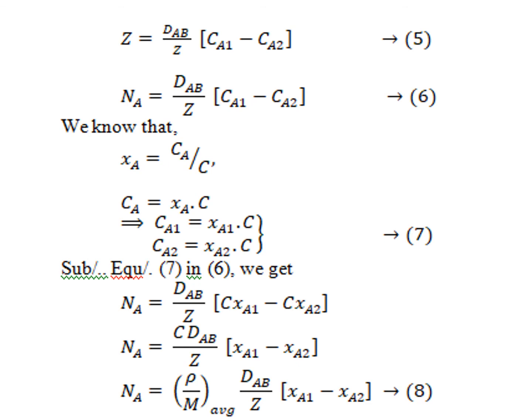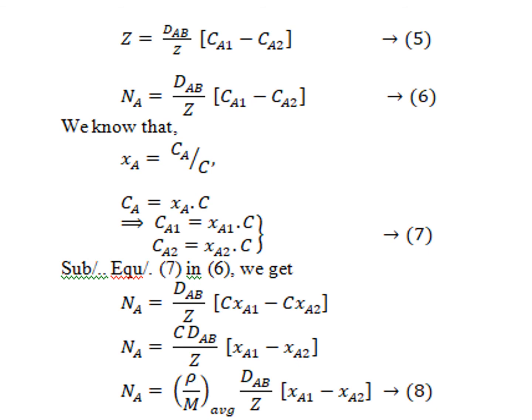Substitute equation 7 in equation 6. We get Na is equal to Dab by Z. What is Ca1 here? C into Xa1, and Ca2 is C into Xa2. So Na is equal to, taking C outside, C into Dab divided by Z into (Xa1 minus Xa2). What is the C?